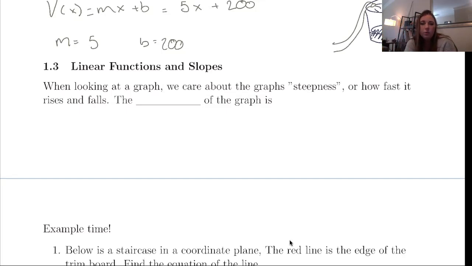All right, so let me scroll through my outline. There we go. We've talked about this already, that the slope is rise over run.